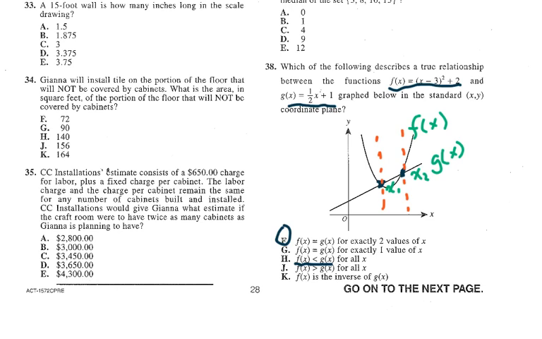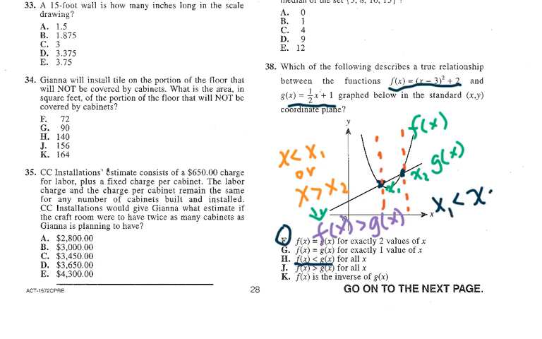You could say that when x is less than x1 or x is greater than x2, then f of x is greater than g of x. When x is greater than x1 but less than x2, then f of x is less than g of x.